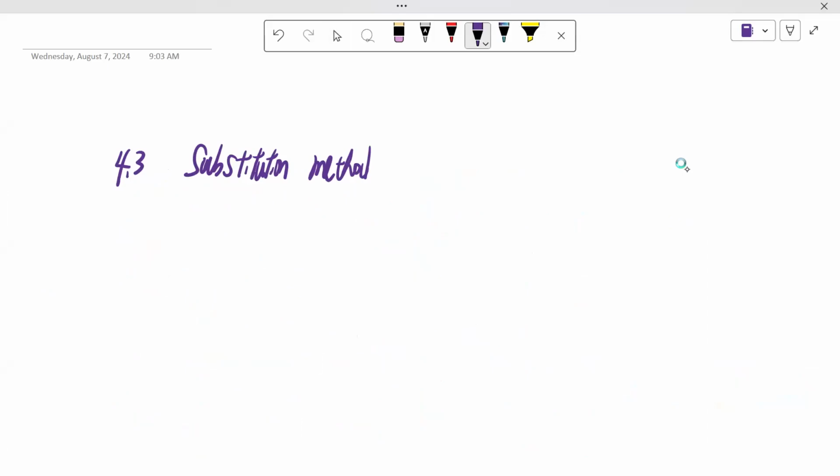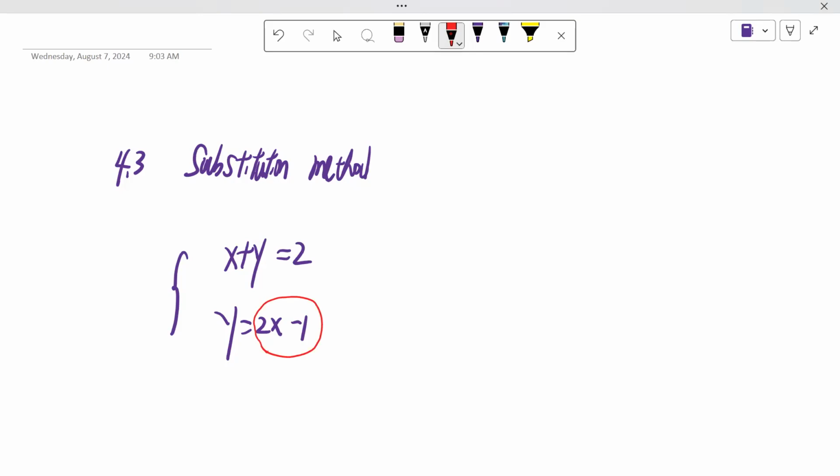For example, let's say we have a system of linear equations: x plus y equal to 2, and the other equation is y equal to 2x minus 1. If you look at the second equation, y is already by itself. So in the first equation, you will replace y with 2x minus 1.